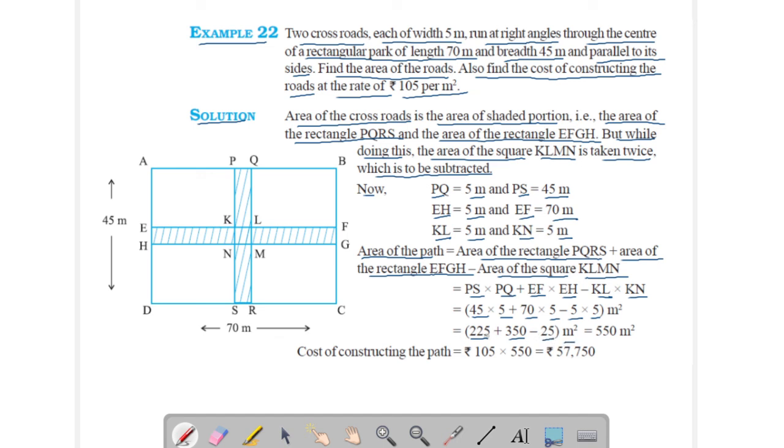Now add 225 plus 350 and then subtract 25. You will get 550 meters square. Therefore, cost of constructing the path equals rupees 105 into 550, and if you multiply it you will get rupees 57,750. This is your answer.